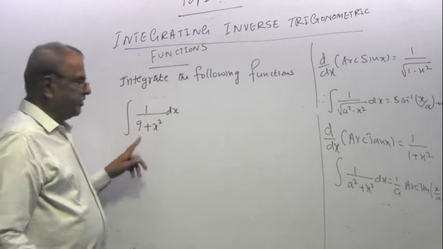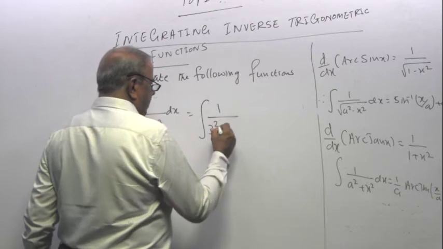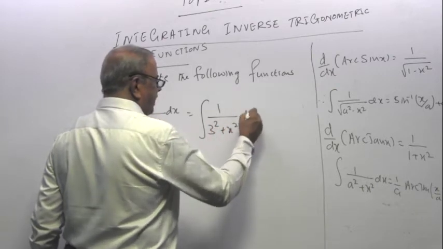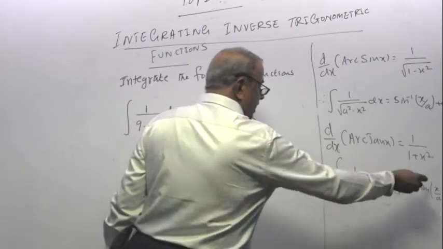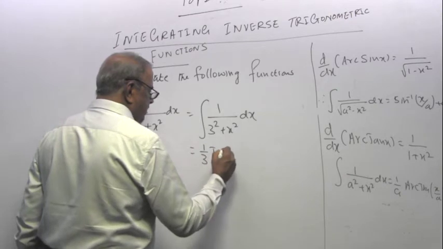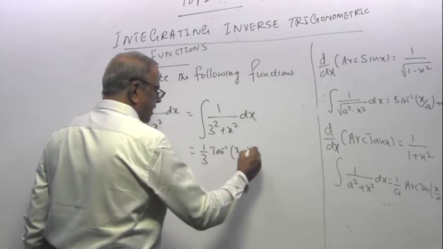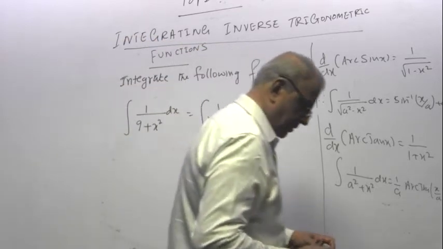So your a is 3. So write it in that format. 1 over 3 squared plus x squared dx. The answer is 1 over a arc tan x over a. So it's 1 over 3 tan inverse x over 3 plus c. Yeah? Good.